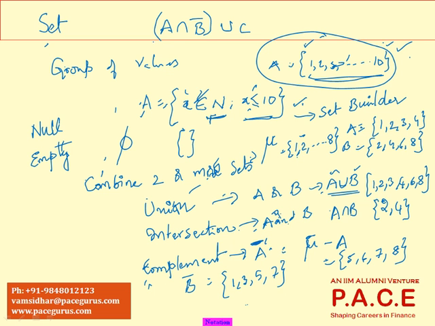All you have to do is break each of them separately. Find out first the B complement, because you will be having B but you will not have B complement. So create a new set called B complement, which is present in the universe but is not present in B. Create a B complement, and then do the intersection, which means something which is common to both A as well as B complement.